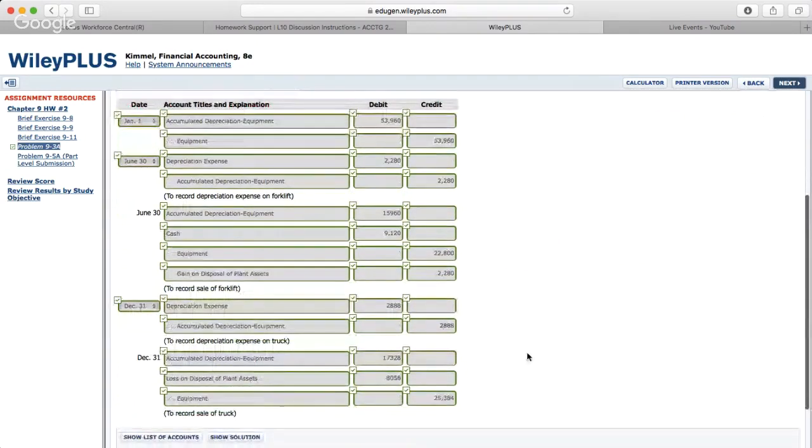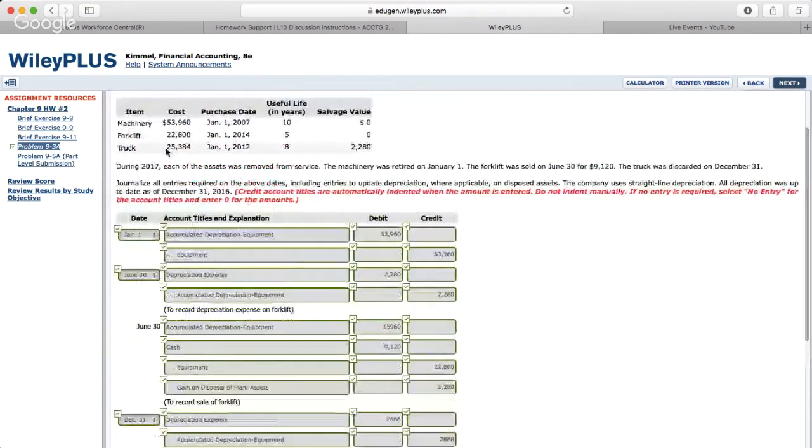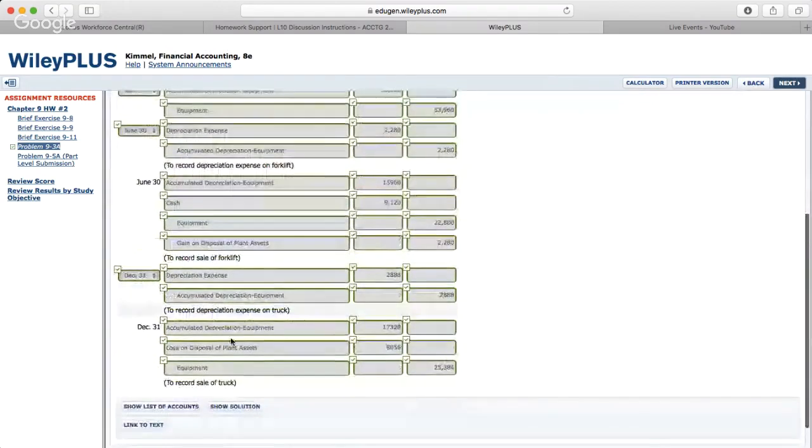And then finally, for the equipment, you credit the equipment, which is the cost of 25,384. And then you multiply to get the accumulated depreciation for equipment.